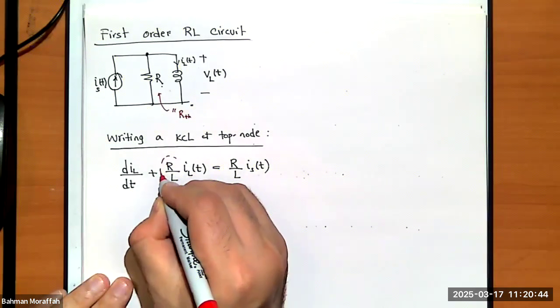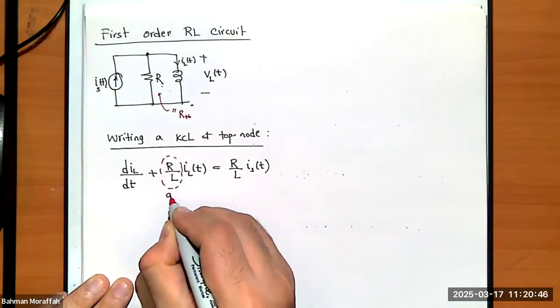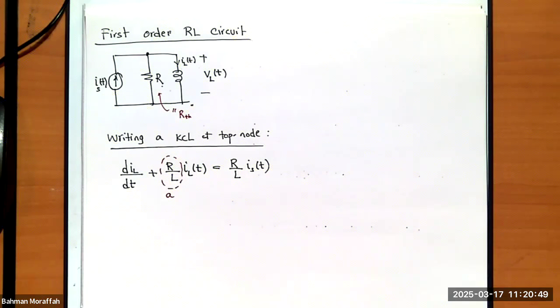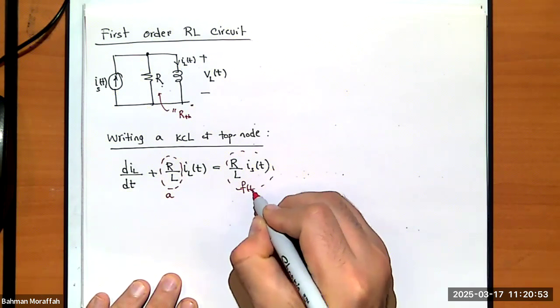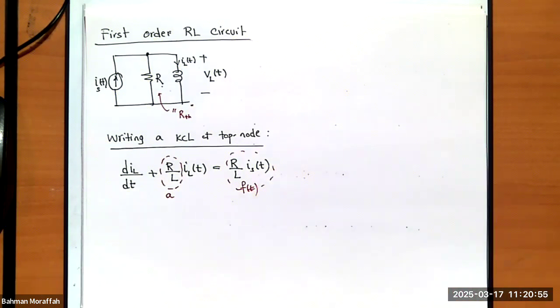If I call this some constant A, and if I call this some function f of t, as you can see, this is a first order differential equation with coefficient A and some force function f of t, which we talked about, and we said it's always due to the sources that we have.